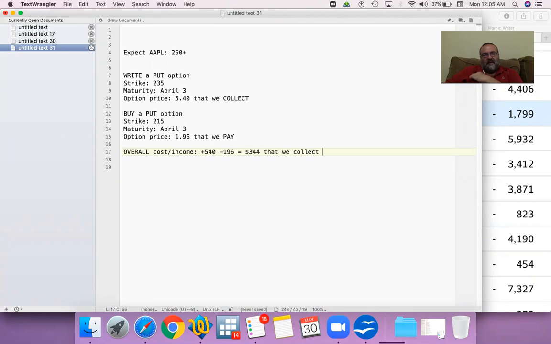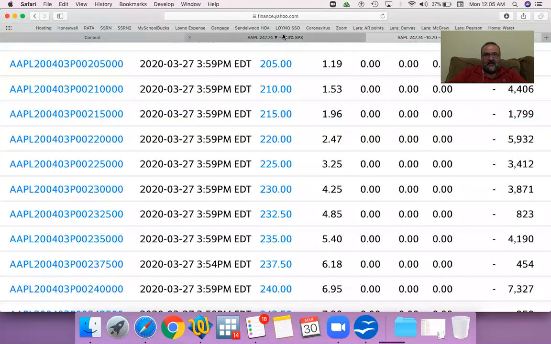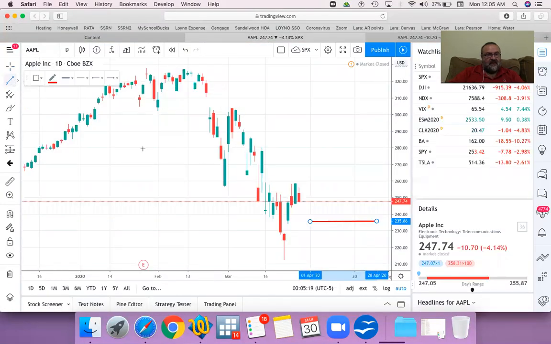The idea is that we wrote a put option at $235, and then we bought ourselves insurance at $215. Yeah, approximately. So don't forget, our expectation is that Apple is going to go up.